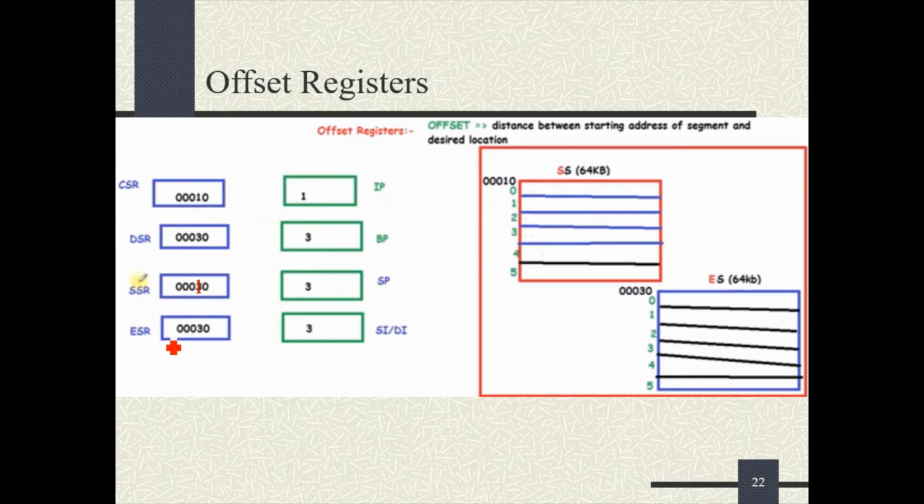And for extra segment register, the offset register is SI or DI. SI stands for source index and DI stands for destination index. And the purpose of offset registers is also to contain the address. Which address? The address which describes the location inside the segment from where we have to extract the data.